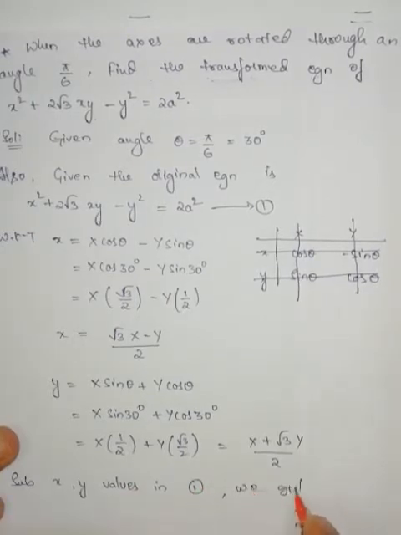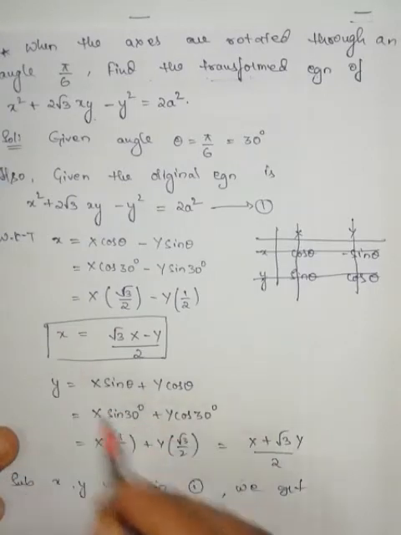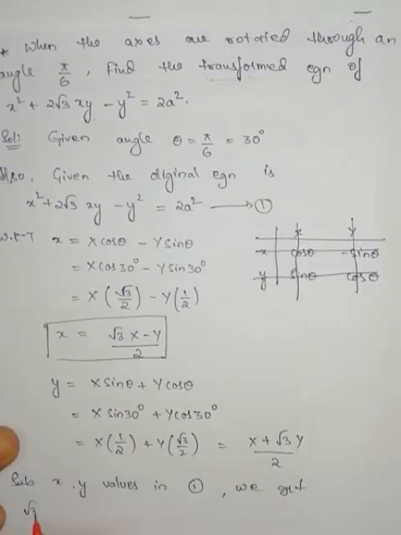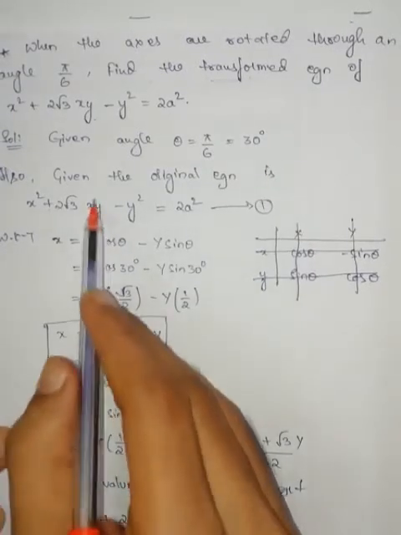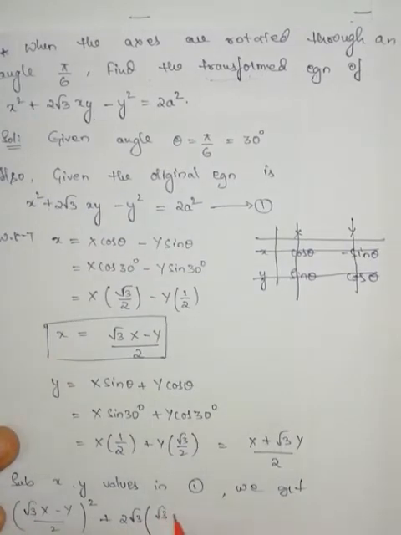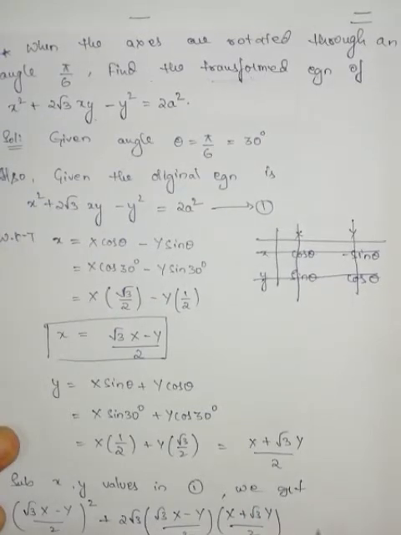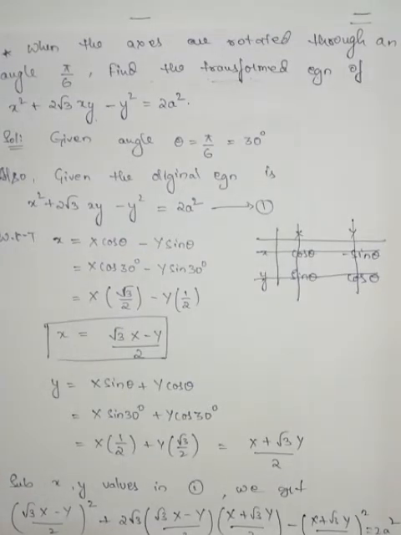We get, first, small x square, that is root 3 capital X minus capital Y by 2 whole square, plus 2 root 3 into xy, root 3 capital X minus capital Y by 2 into capital X plus root 3 capital Y by 2, minus y square, X plus root 3 Y by 2 whole square, is equal to 2a square.